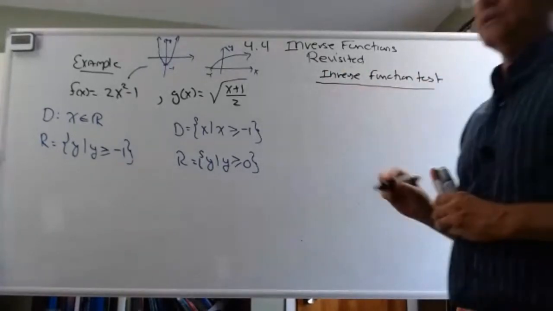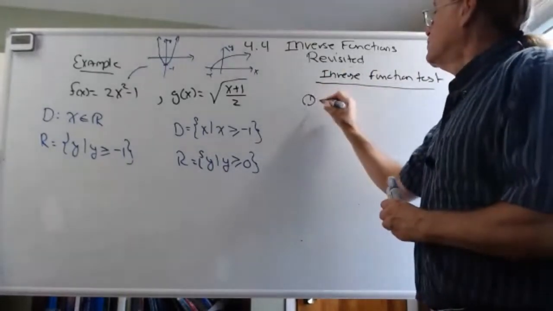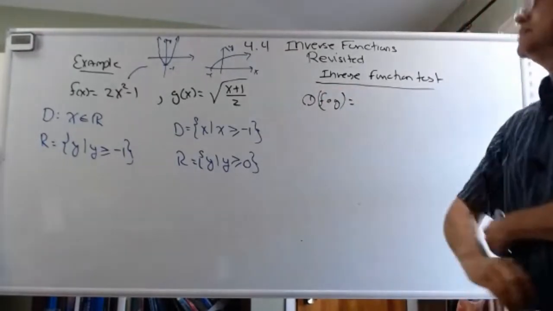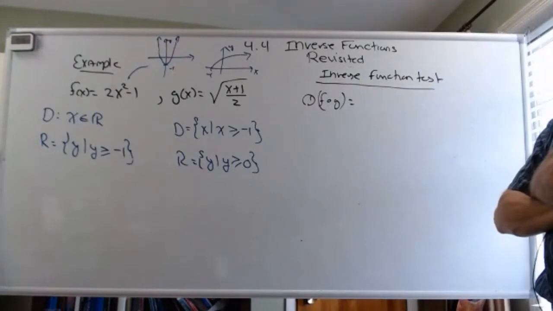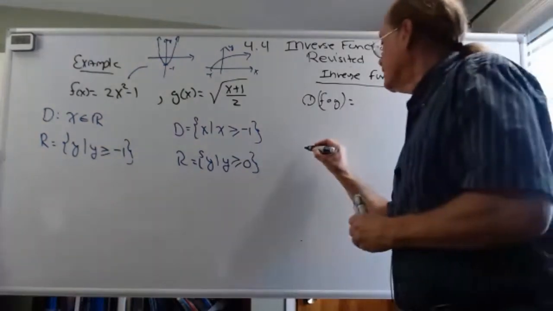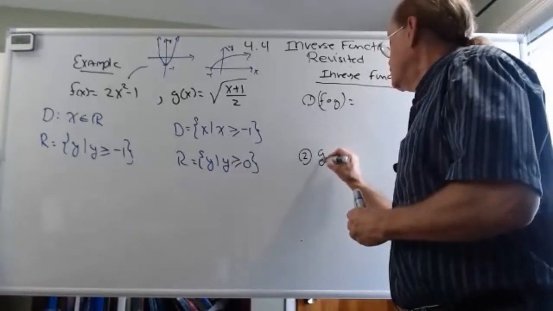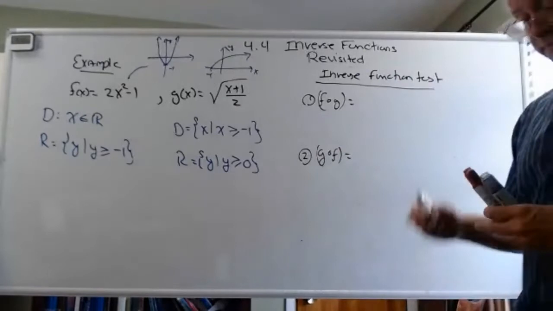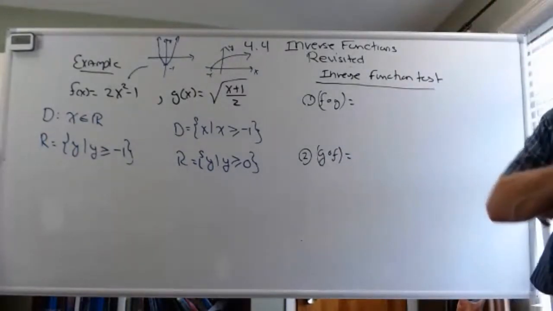You already know how to do this, so try this. I want you to do f composed with g. Plug that in and see what you get. So take my function f, and where we have an x, put in your g of x. As well as g composed with f. Do those two compositions.